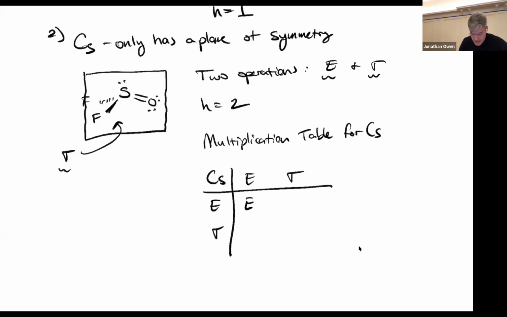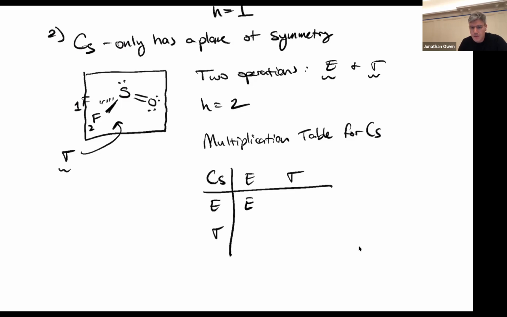What if we did the sigma reflection first, followed by the do nothing operation? What is that equal to? In the example we gave earlier, we labeled these things with a 1 and a 2. If we do a plane of reflection, we swap the 1 and the 2.